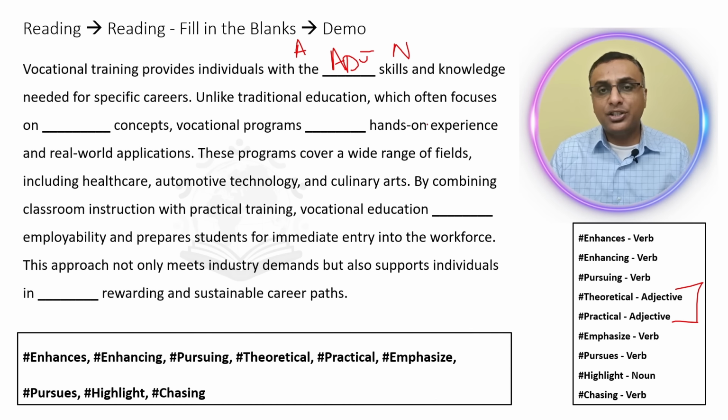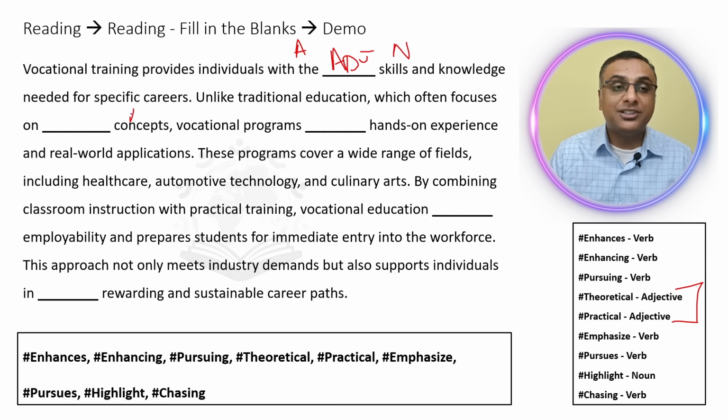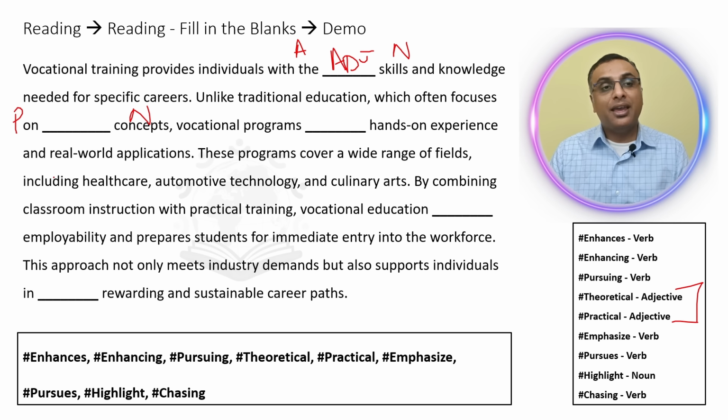Unlike traditional education, which often focuses on dash concepts, it is not always that the dash should come, the dash skill should come, or the dash concept should come. Here also, concept is nothing but a noun and on is a preposition. Here also, what is giving more information about the concepts? It is nothing but an adjective over here.